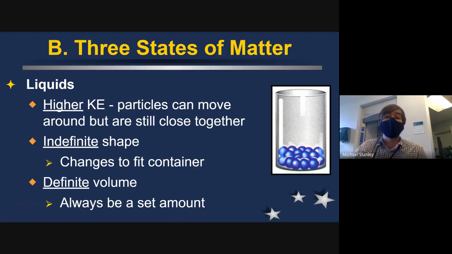The volume of the water didn't go up or down, even though I changed what shape it was and where I put it. The volume was set. A cup of water is a cup of water no matter what kind of container you put it in. It's just the shape of the liquid that changes.